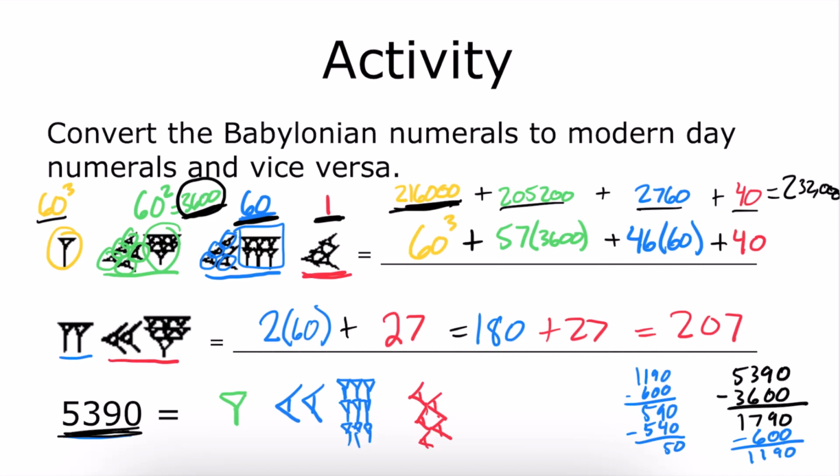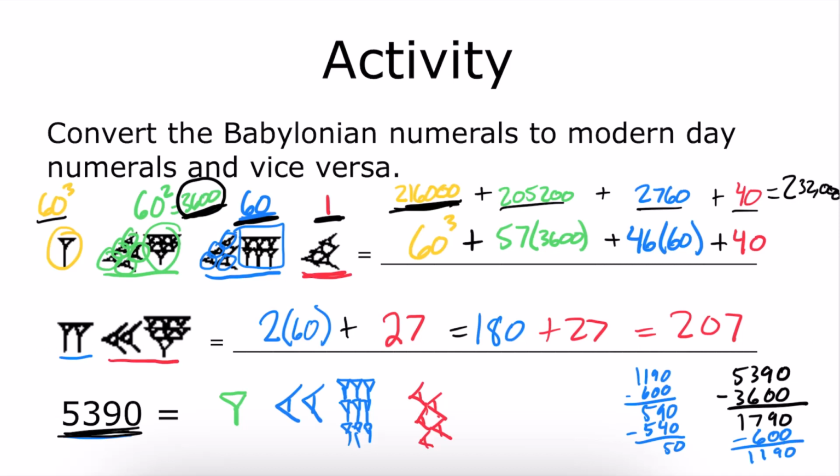And they recognized that this wasn't always very clear. And so they would sometimes use a little separation mark to separate the different place values if there was nothing in one of the place values. But usually they wouldn't. And they would just rely on the context of the situation to determine which place values they were representing.